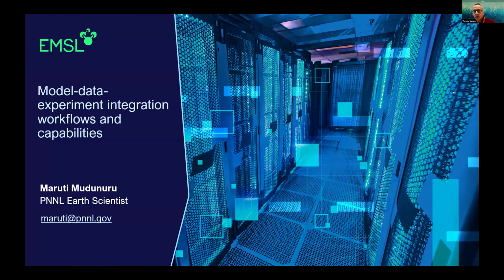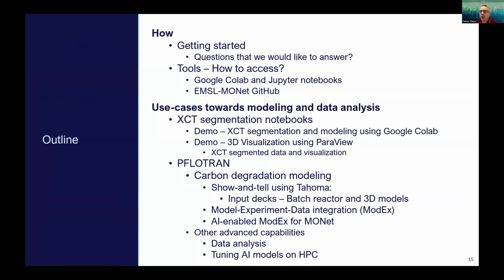And then in the second meeting, Maruti gave an overview of some of the uses of the CT data, how to integrate it into his workflows for modeling. Basically, he showed examples of segmentation of the data.